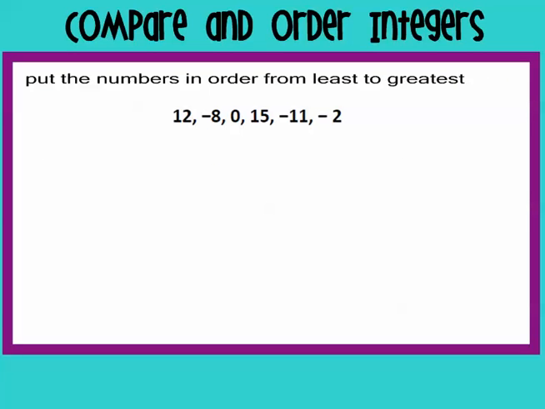When we are given a list of numbers and asked to order them from least to greatest, we're going to start by focusing on the negative values first. So we have -8, -11, -2, and putting them in order from least to greatest means we're going to take the negative value that is farther from 0 first. That would be -11.